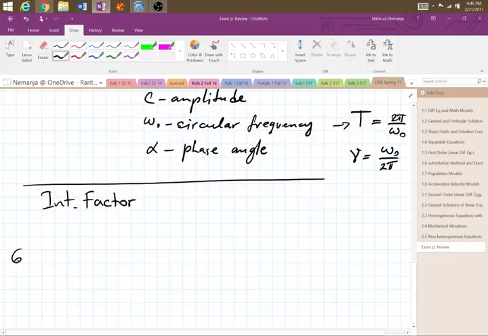Let's try number 6 and see how it goes: x y prime plus 5y is equal to 7x squared, with y of 2 equal to 5.